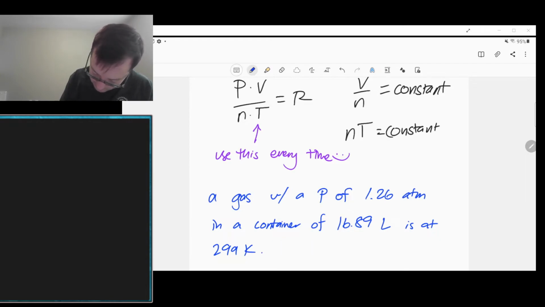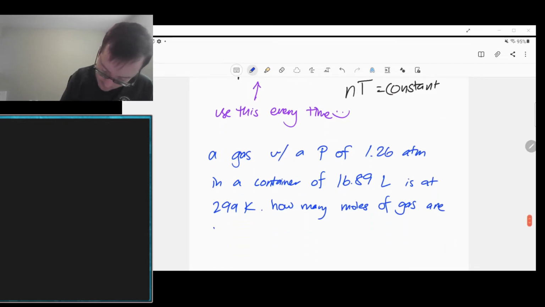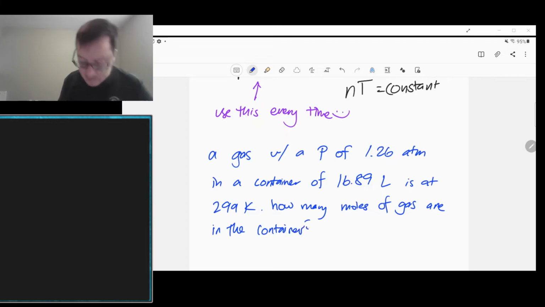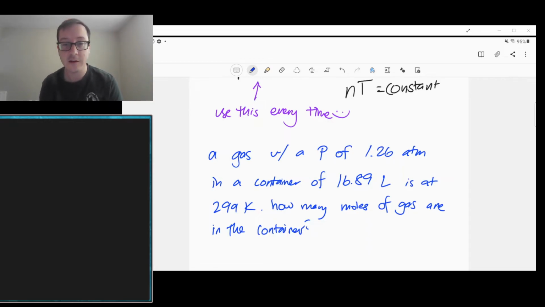All right, let's see. This would be an example of a problem. So a gas with a pressure of 1.26 atmospheres is in a container. The container is 16.89 liters and it's at a temperature of 299 Kelvin. How many moles of gas? Again, big point.